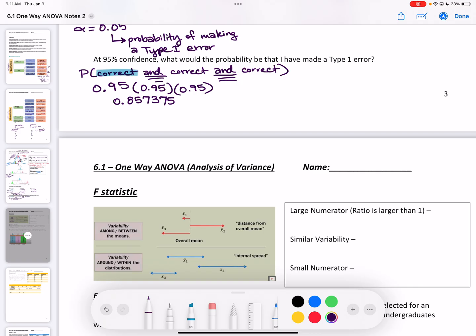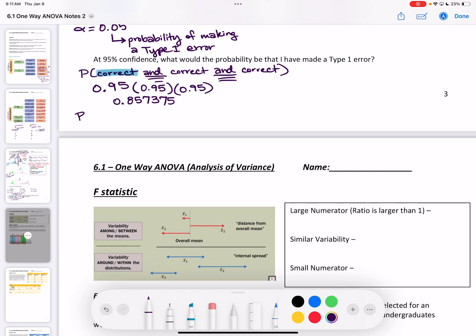So how do I figure out if I'm wrong? It's called the complement rule, right? Complement rule says the probability of this event subtracted from 1 will give me the probability that it doesn't happen, right? So the probability that I'm correct and correct and correct is 0.857375.